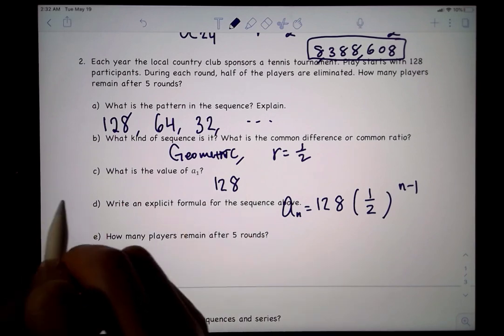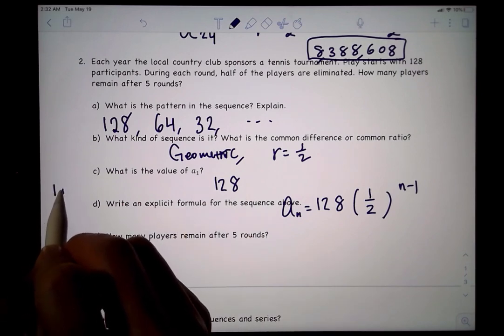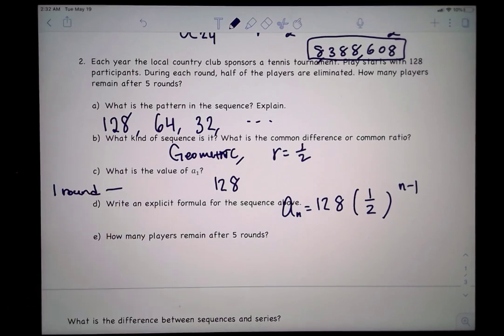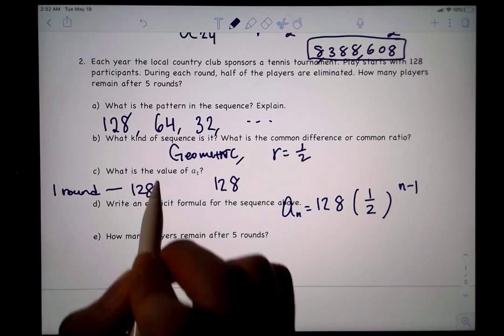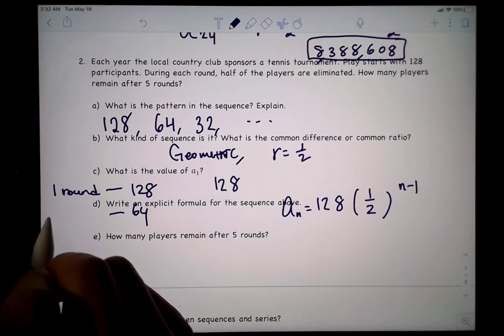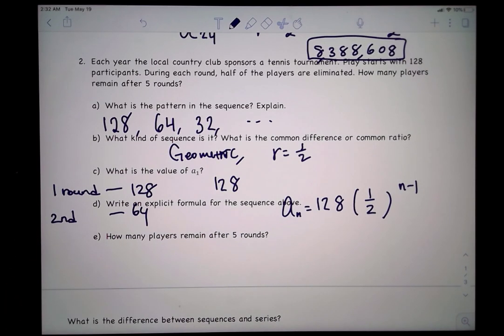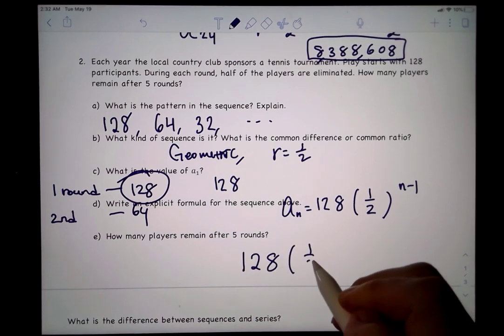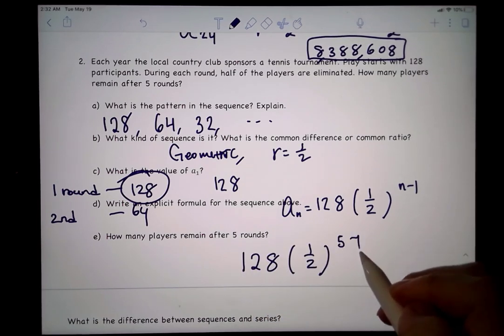But think about it, in your first round, how many people are there? 128 people. And after one round ends, you get 64, so 64 people will play in the second round. So you can just use 128 for your initial value, like that.